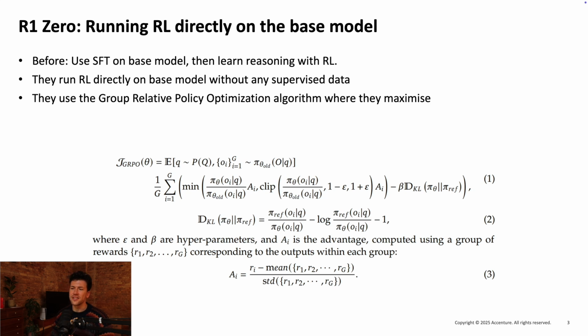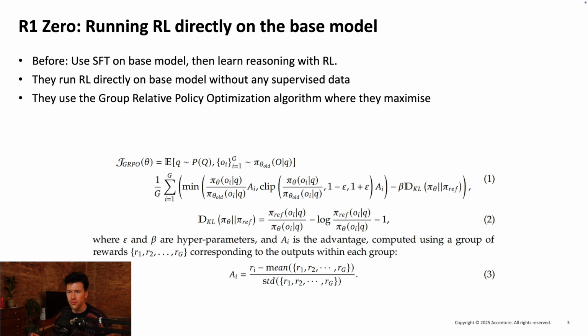And the basic idea, if you're familiar with reinforcement learning, is to get rid of the critic, which basically predicts the value of a state, and replace this with just running the LLM G times.